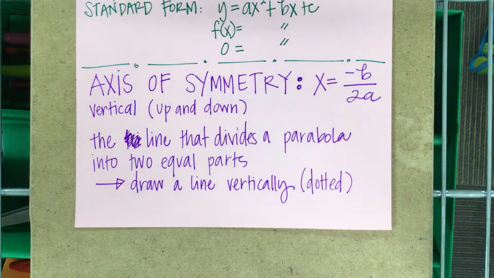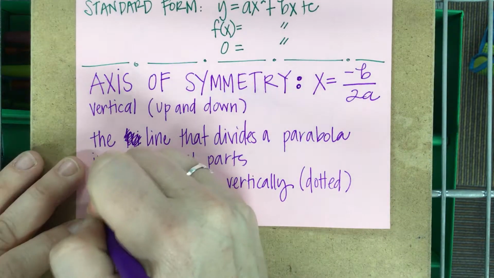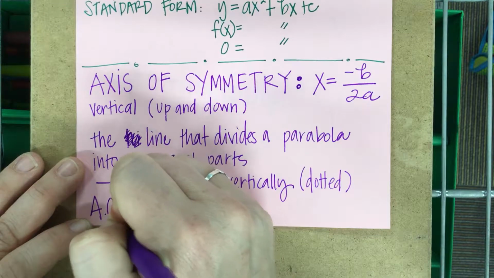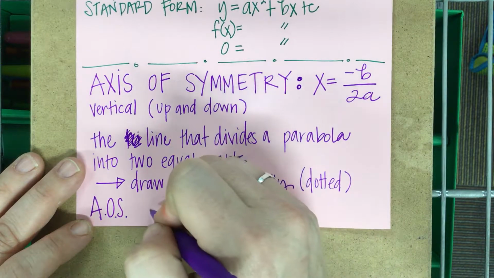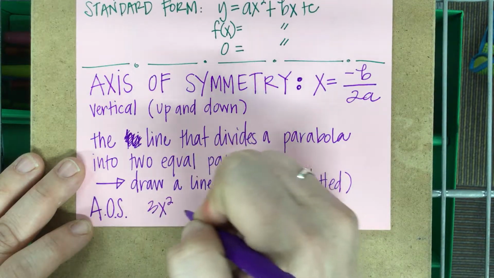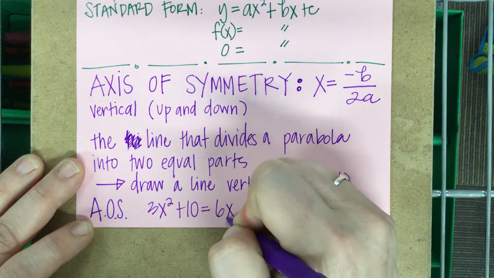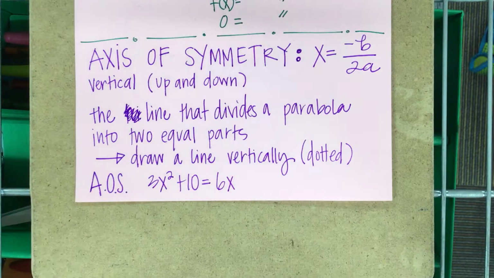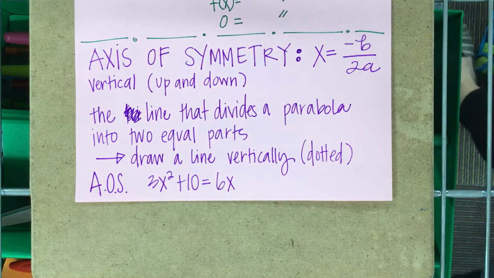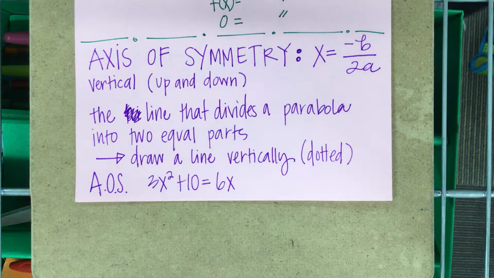All right, so can you find the AOS, axis of symmetry, for 3x squared plus 10 equals 6x?